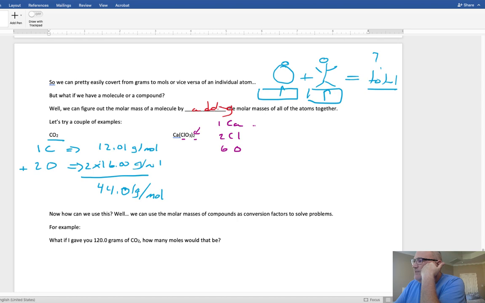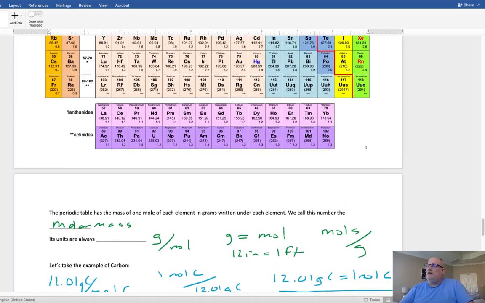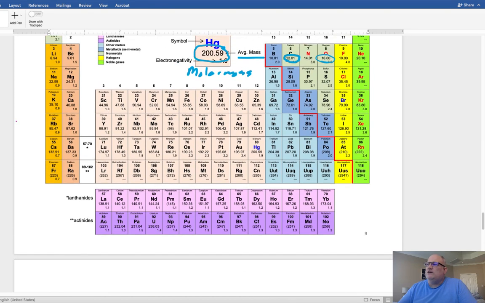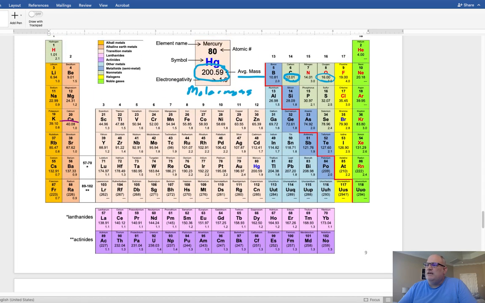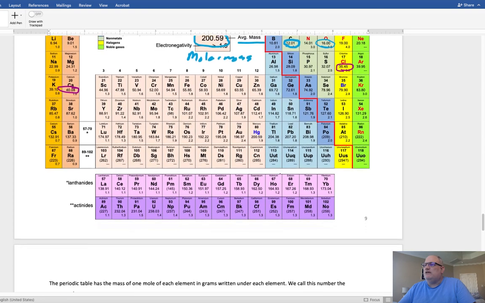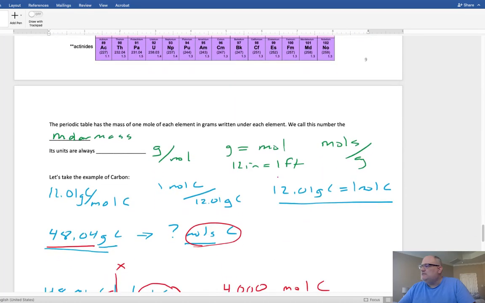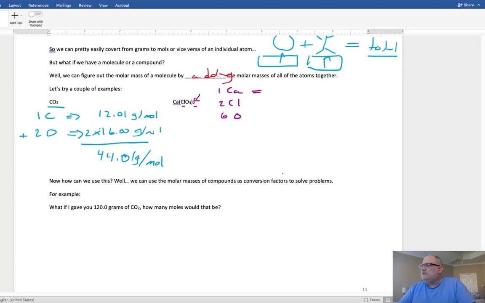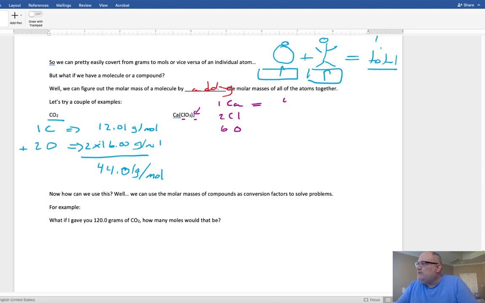So then I have to look on the periodic table and find out what are the molar masses for each of these. Now on the periodic table over here, we can see that calcium is 40.08 and chlorine is 35.45. So if calcium is 40.08, let's go back down here. Sorry, I feel a little bit dizzy. So we have 40.08.